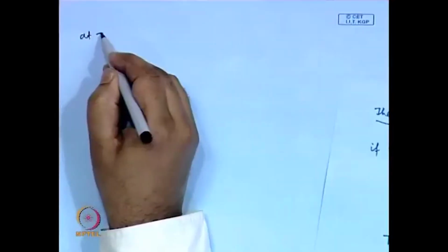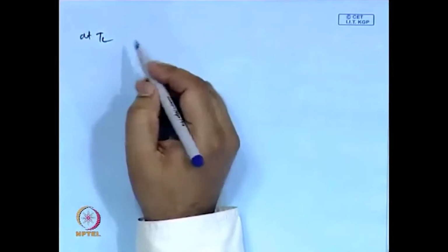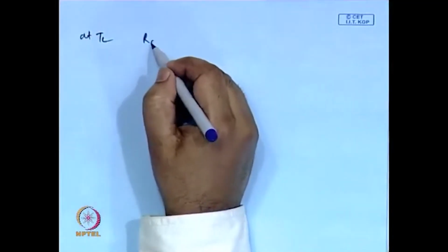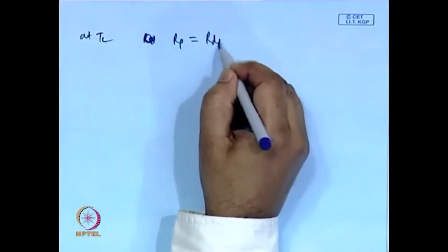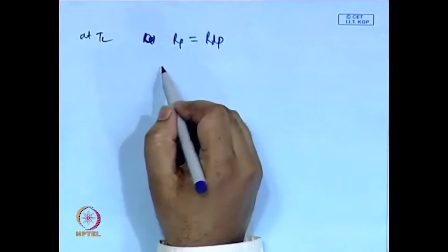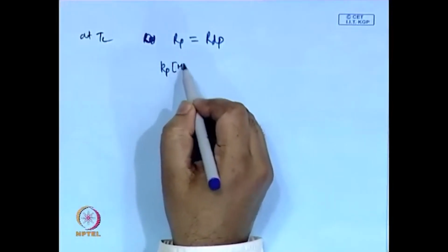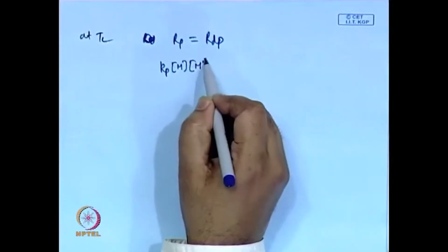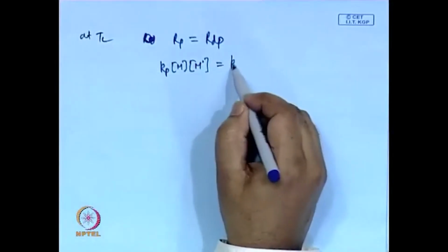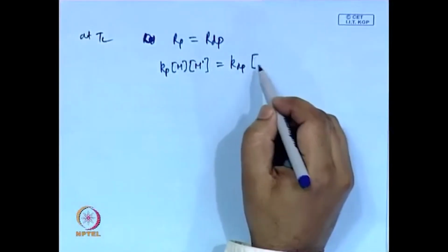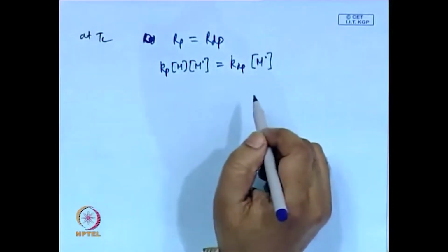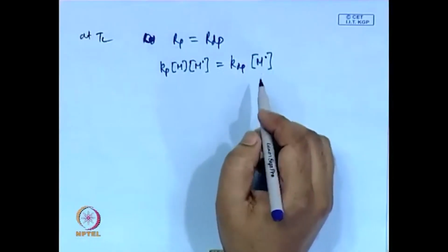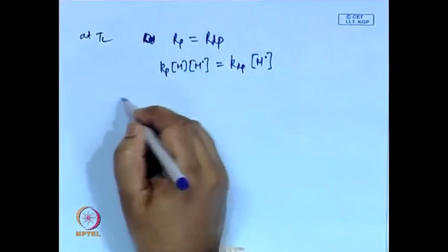At Tc, Rp is same as Rdp. Now, Rp you know is Kp M M dot, and this will be Kdp M dot. Okay. So, what is the equilibrium constant?